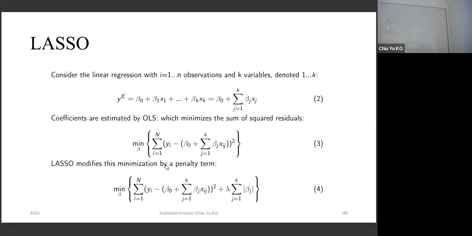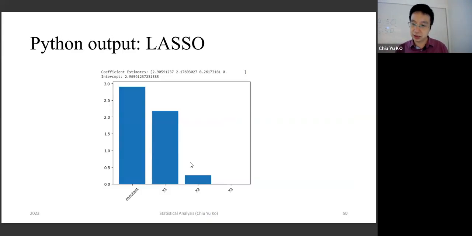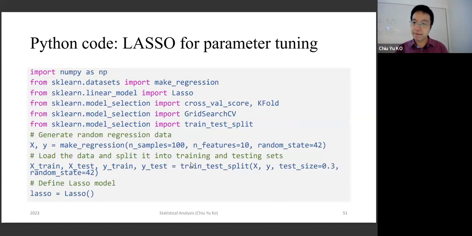Then you fine tune and look at the performance. That's how you choose a lambda: choose different lambdas to minimize the root mean square error. That is tuning of hyperparameters, which is beyond the scope for now, but we'll talk about it next class.